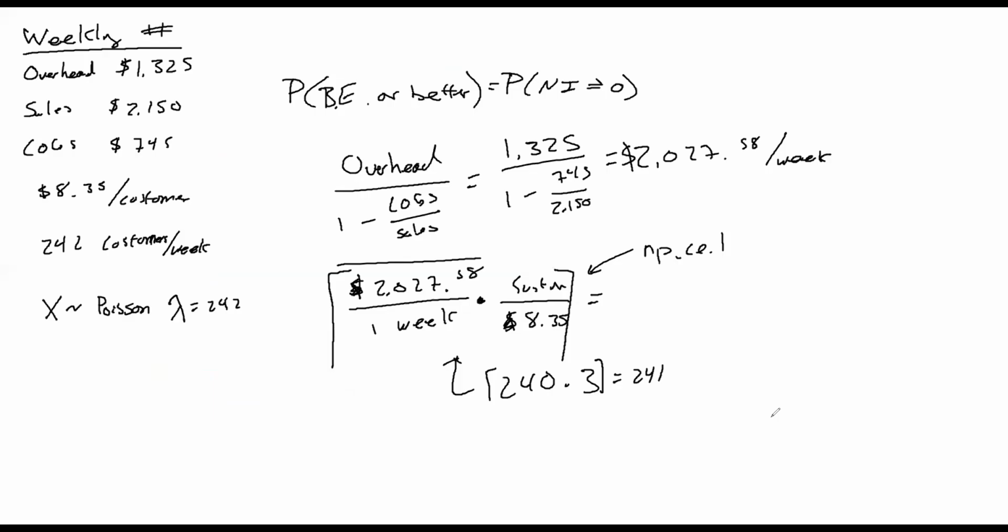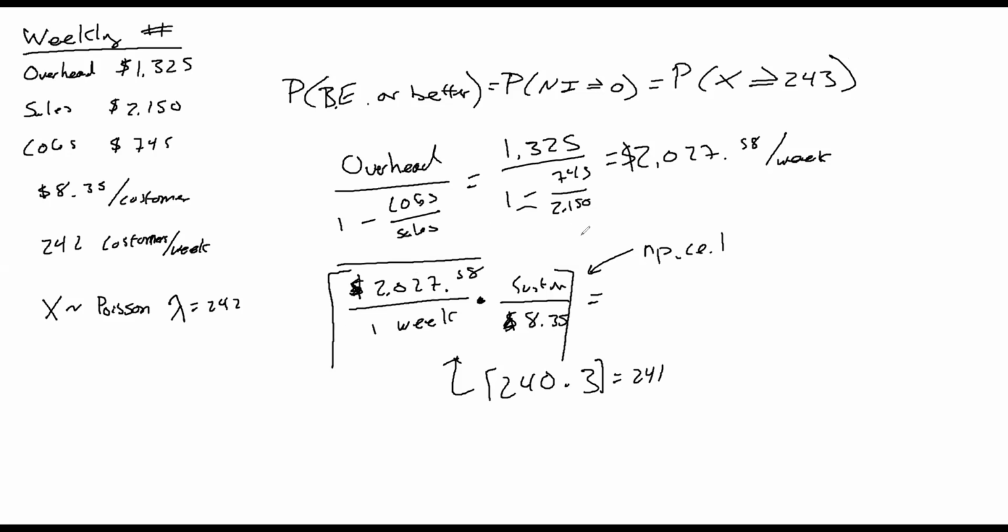So I'm going to bring this back up. The probability of breaking even or better could be described as the probability of the number of customers in a given week being 243 or greater. Remember, we're going to do a CDF of this.